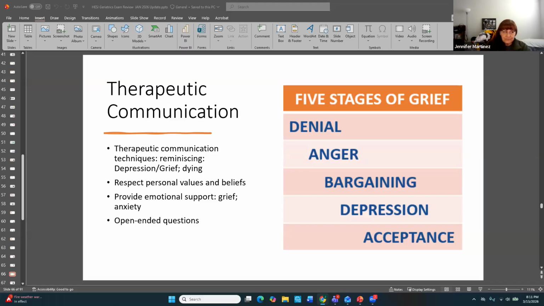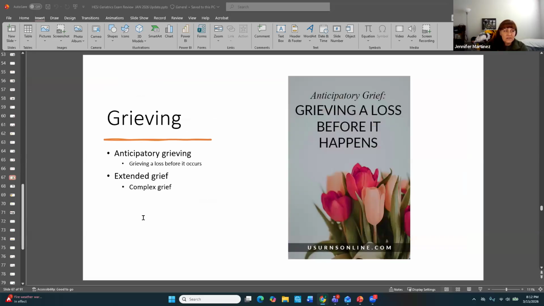It could even be potential loss of something that could occur. We always want to make sure that we respect their personal values and beliefs, that we're providing emotional support, grief as well as anxiety, and always ask those open-ended questions. Remember, open-ended questions are going to give us the most information from our clients, rather than those closed-ended questions.